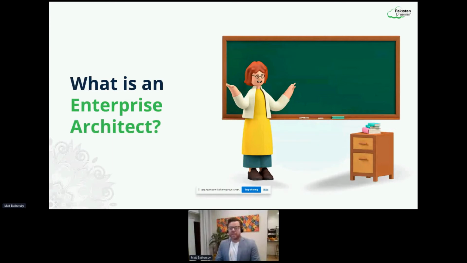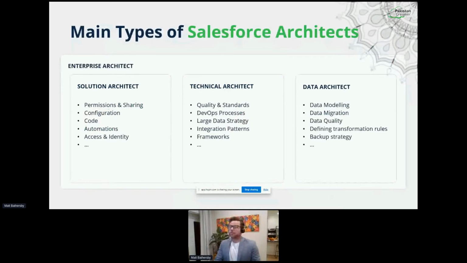So now that we understand what enterprise architecture is, what's an enterprise architect? Typically on a Salesforce project, and there's exceptions to this, there's 100 different types of architects out there. But when looking at a Salesforce implementation, the types of architects we typically would talk about would be solution architects. Everybody knows about technical architects and data architects.